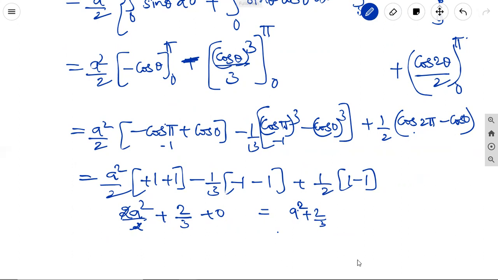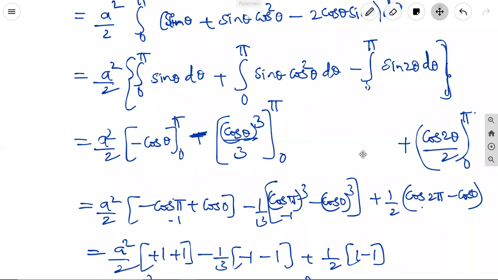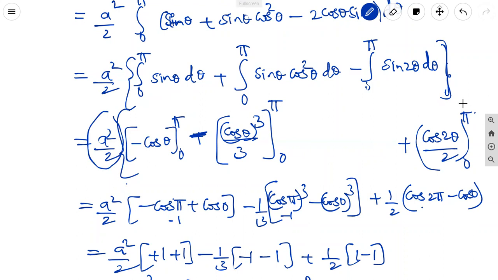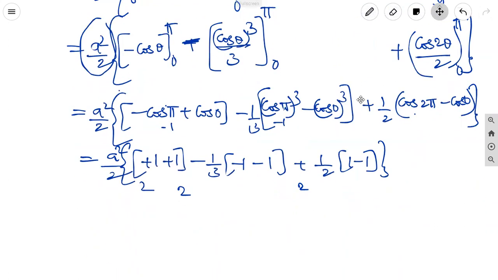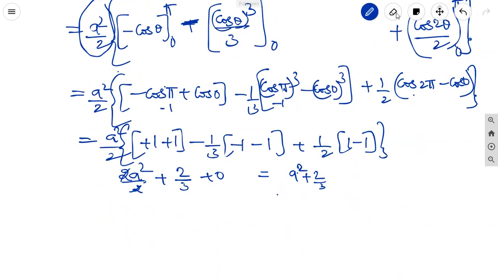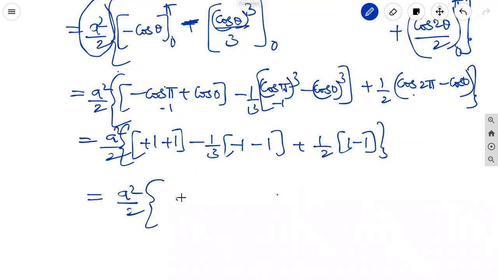Somewhere it is missing. Here is a small correction. This a square by 2 is for the whole bracket. It is for the whole bracket. Okay. This is also for the whole bracket. Here the simplification of this is equal to a square by 2 into 1 plus 1 is 2, minus into minus 2, minus into minus plus 2 by 3.